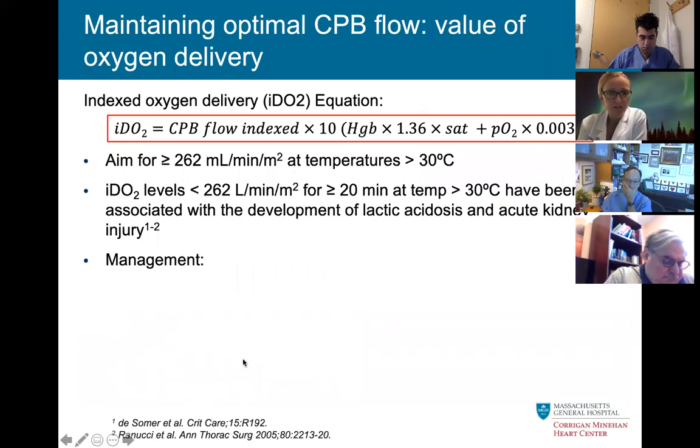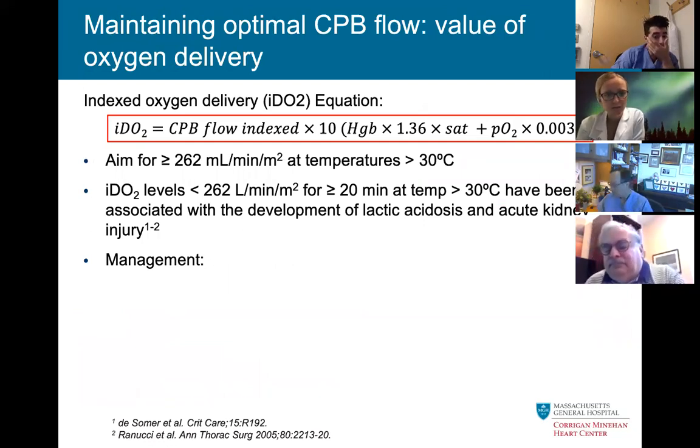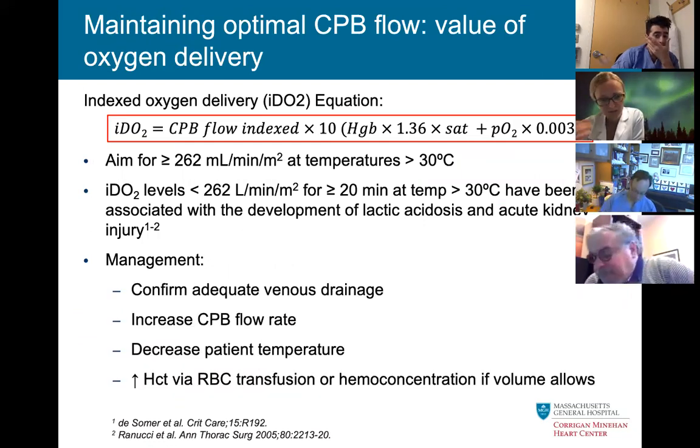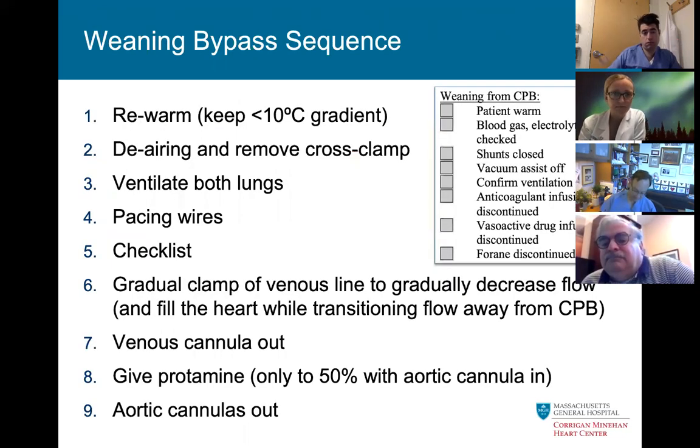That's based on published literature that has shown that anything less than this is associated with the development of lactic acidosis and acute kidney injury. If you do have lower levels, the thought is you should make sure you have enough venous drainage. You should increase your flows, decrease temperature, or increase hematocrit or transfuse if you can.